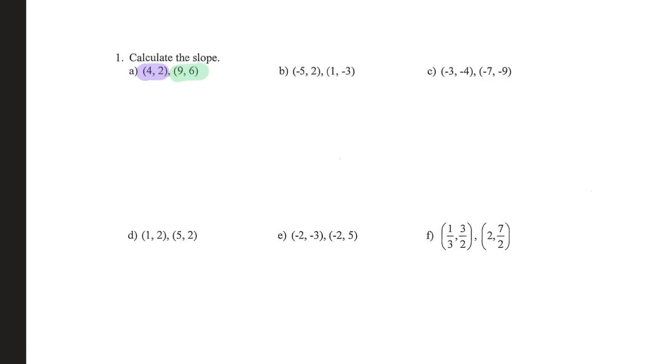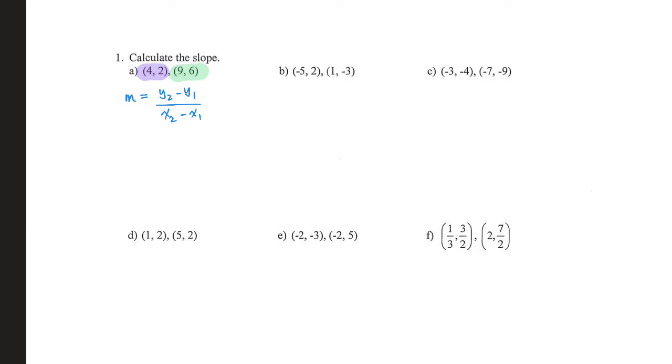So what we're going to start off with is our slope coordinate formula. And my suggestion to you is to write that formula down every time until it's drilled in and you don't even have to think about it. So my slope is y2 minus y1 over x2 minus x1.